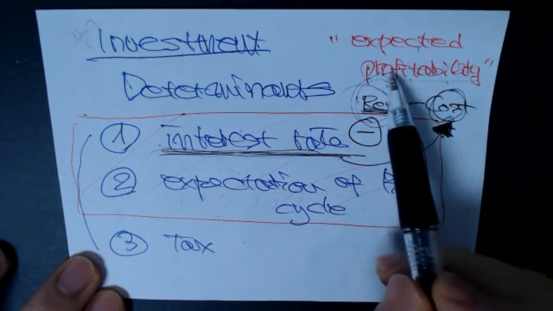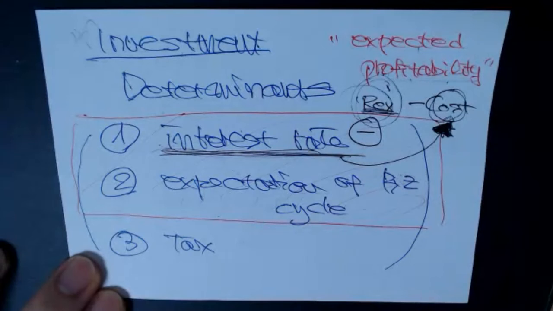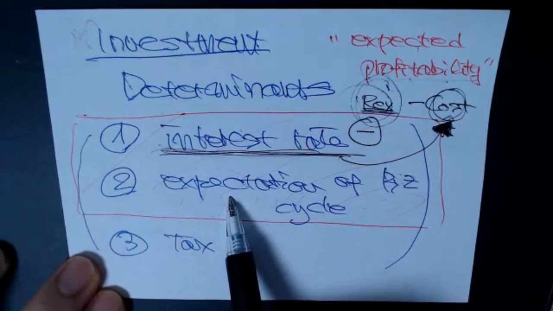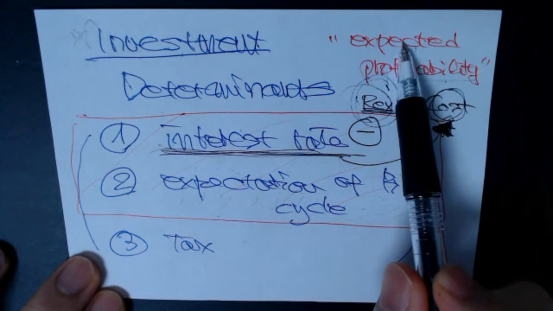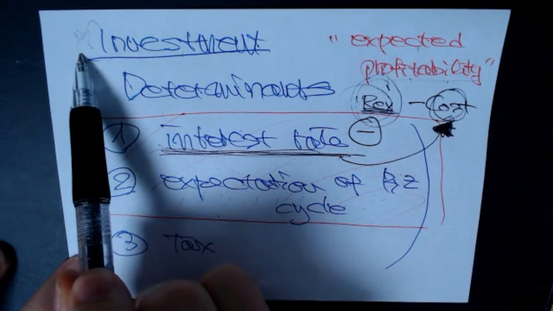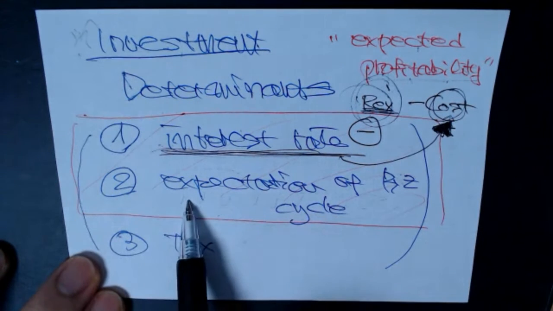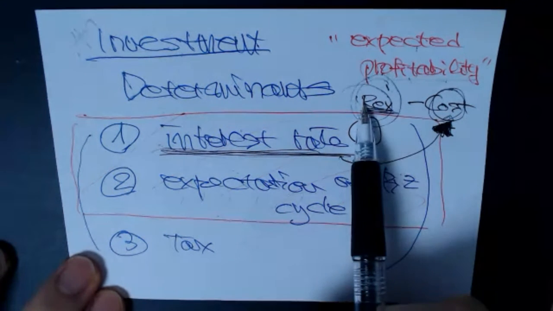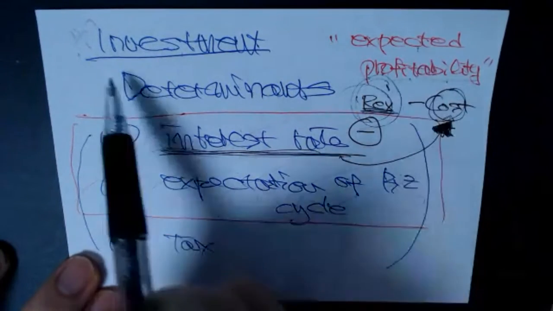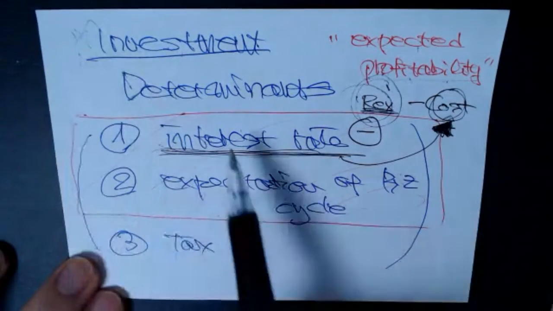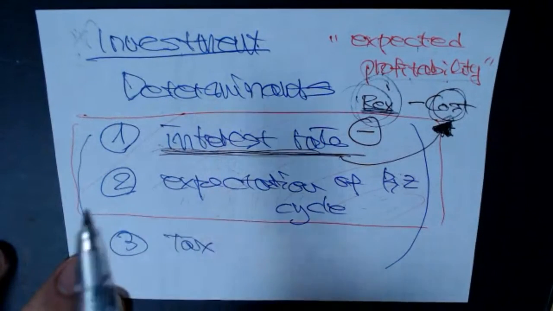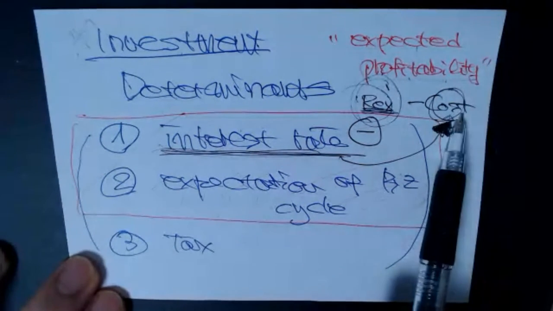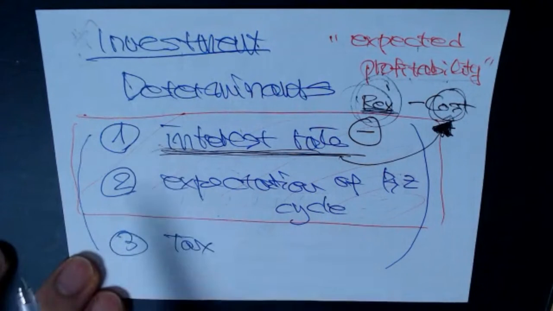So in this case, profitability is positively related to expectations. Better expectation, higher revenue, higher profitability, greater amount of investment. Bad expectation, lower revenue, lower profitability, smaller investment. Higher interest rate, higher cost, smaller investment. Lower interest rate, lower cost, higher investment.